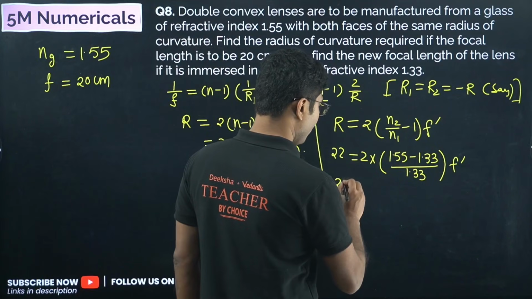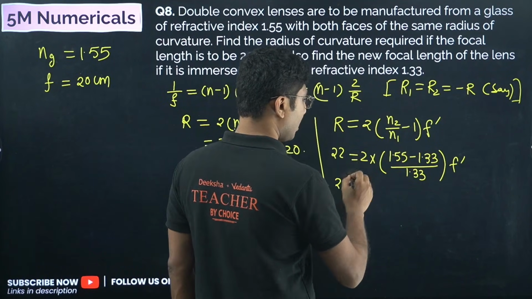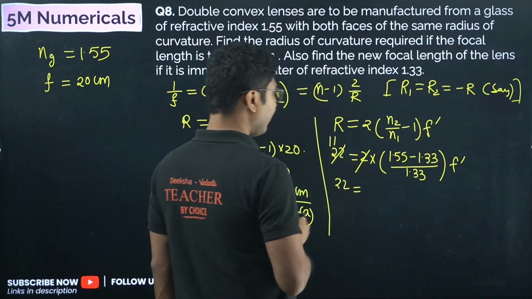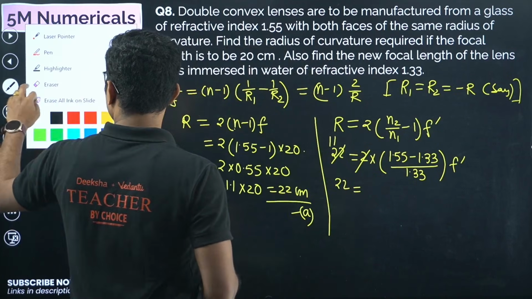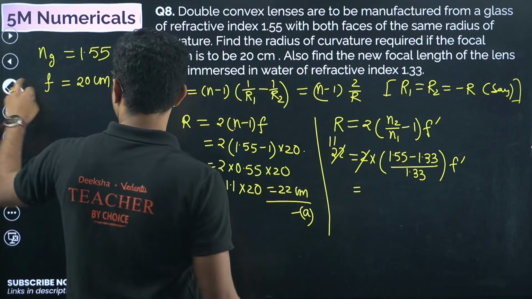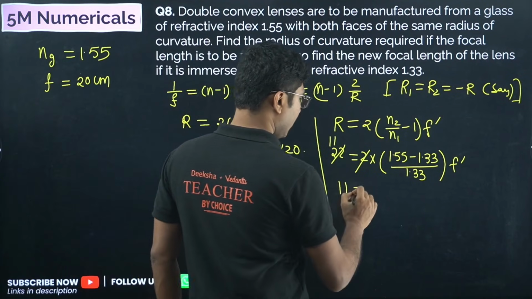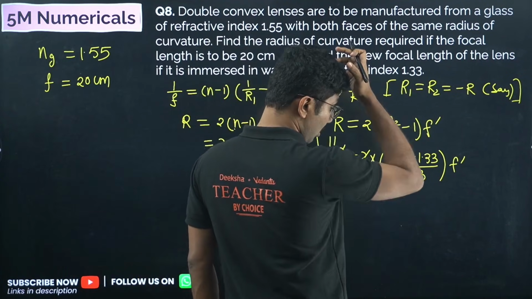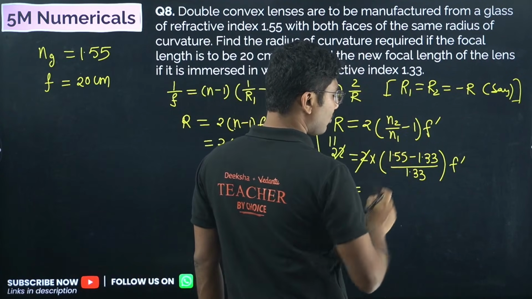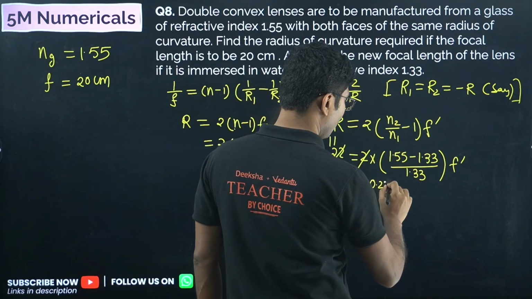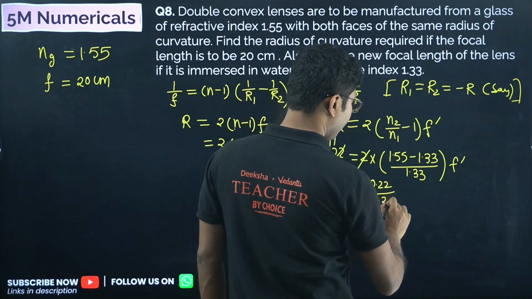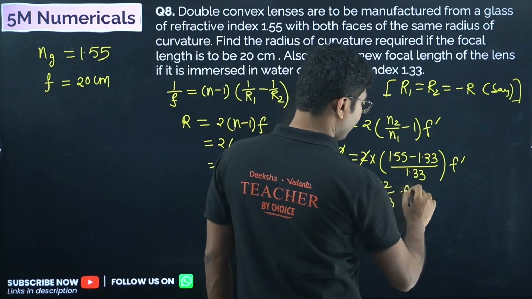So 22 equals, we can cancel and get 11 over here. So 11 equals 1.55 minus 1.33, which is 0.22, divided by 1.33, into f dash.